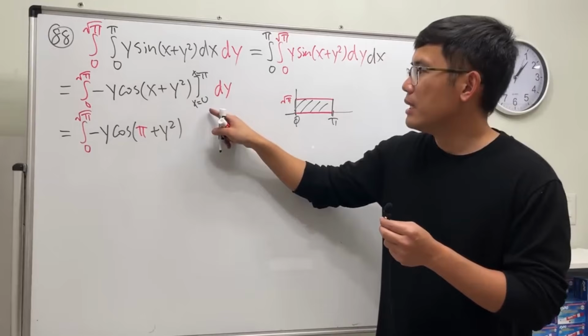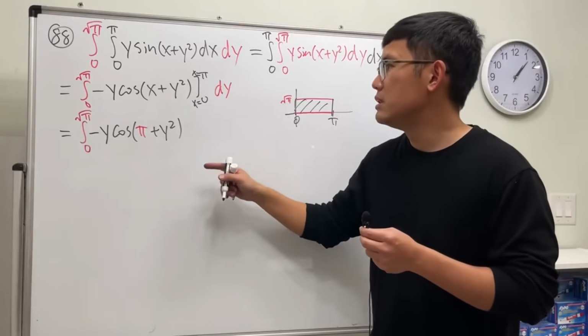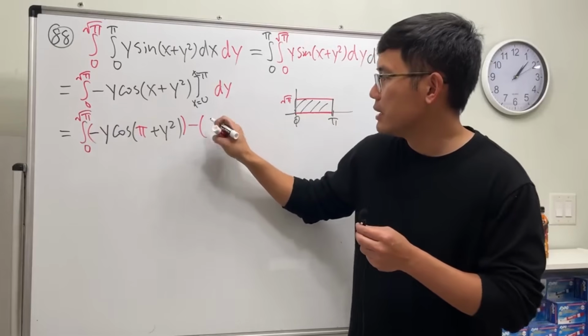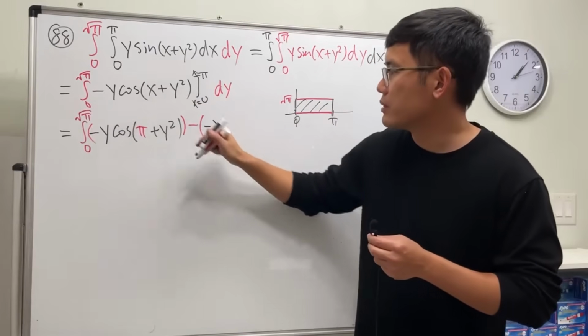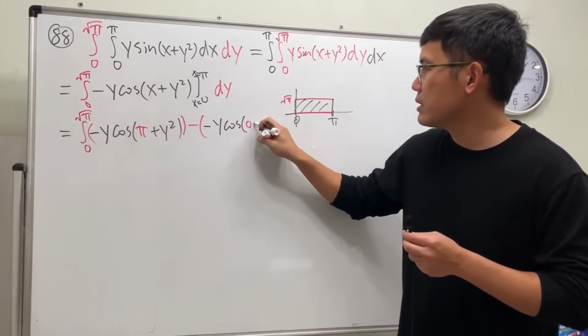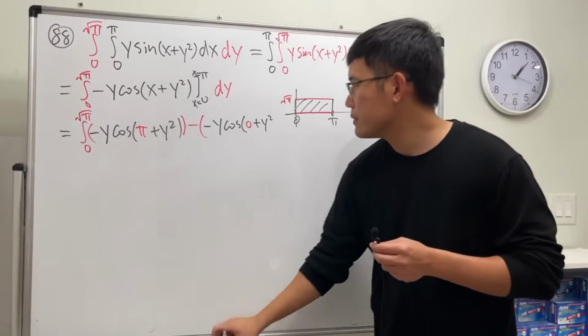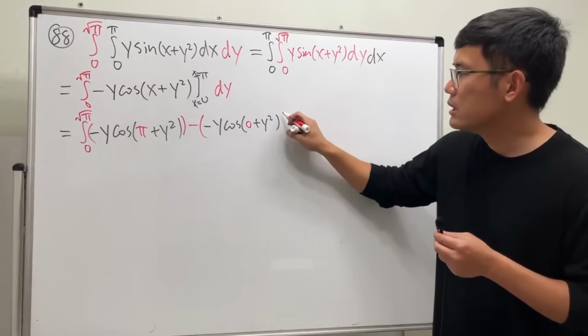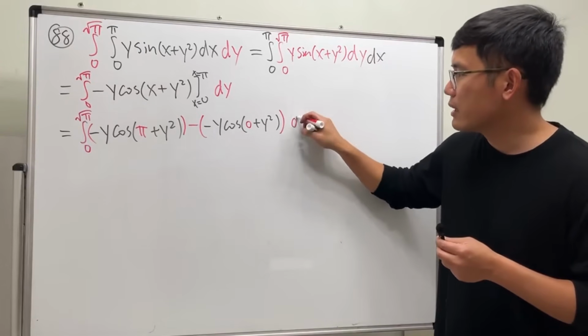And then put 0 in here. Oh, and let's see, this is like this, and then minus negative y, put 0 in here, cosine of 0 plus y squared. Close parentheses, close, and then finally we have that dy.